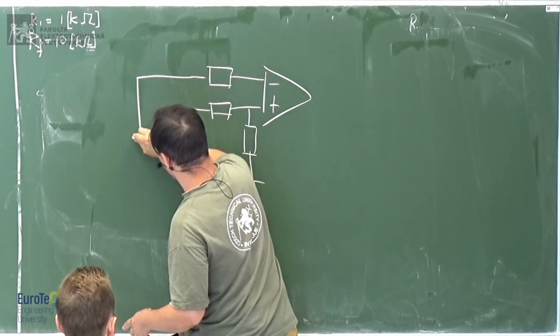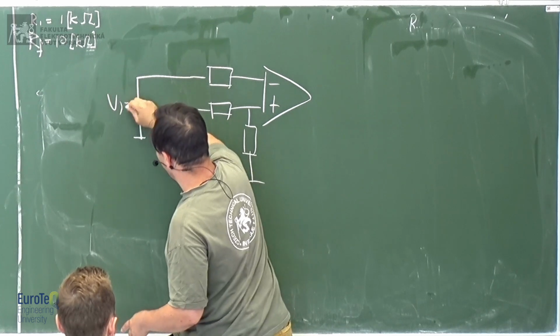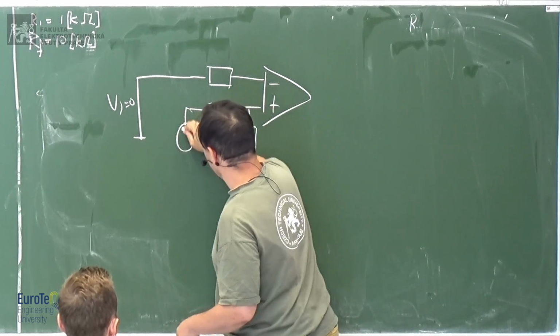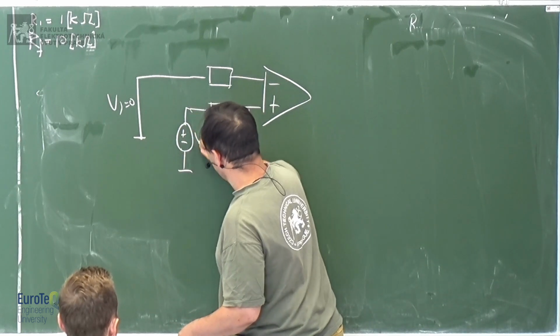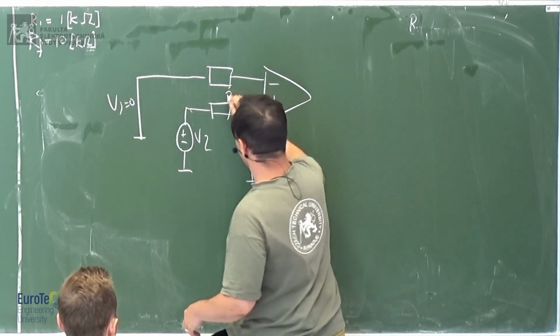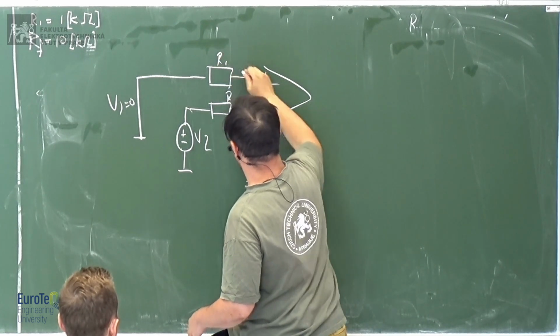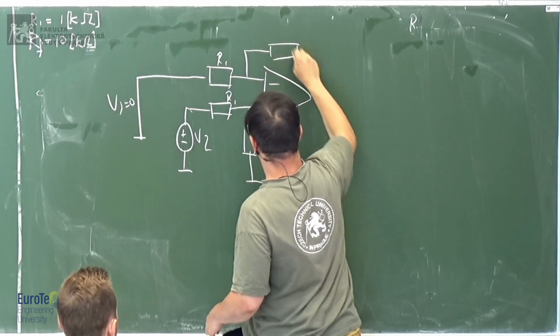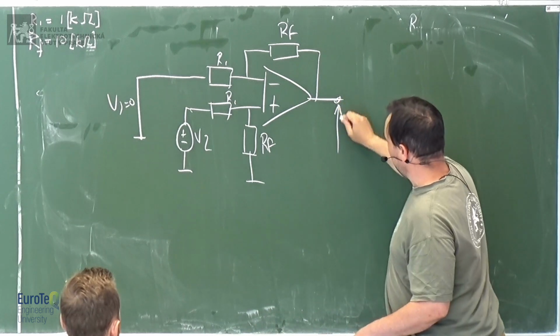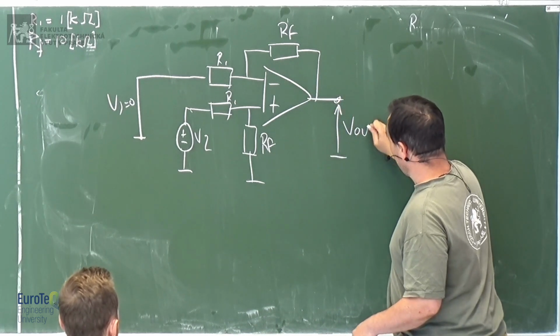And we shut down V1, which is going to be 0. We take only V2. We have RF, R1, R1, RF. And let's calculate the output.